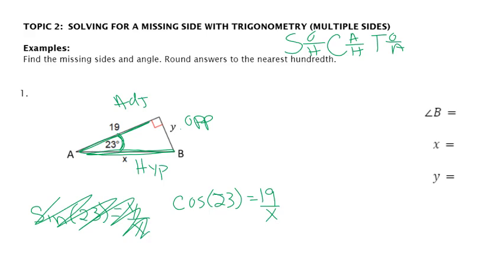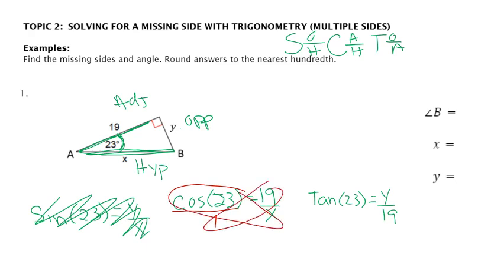And if I was to do tangent of 23, you would have y over 19. So I could actually use trig if I want to solve for both of these. I don't have to. But again, I'm going to show both with trig just so you can see the example, or get more practice with it.